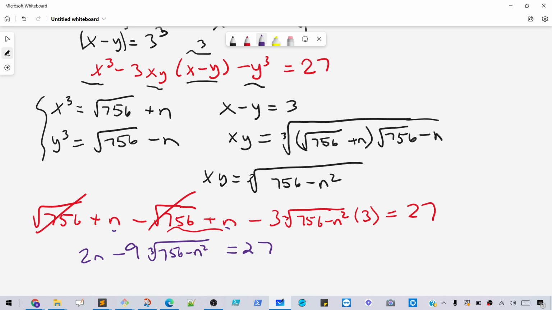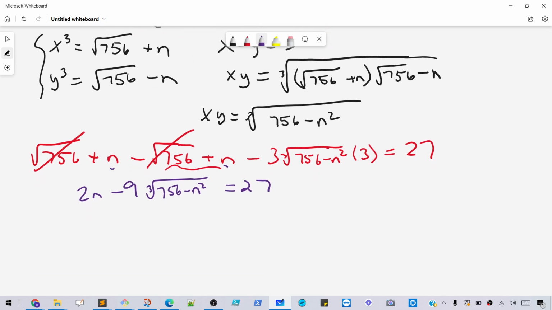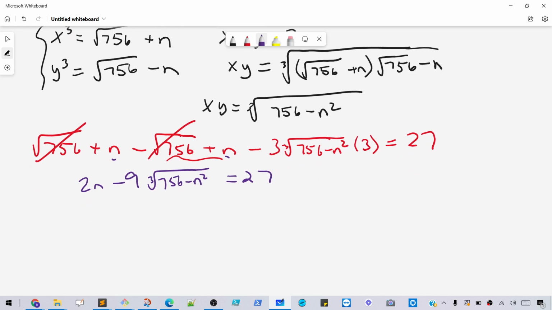I'm not going to simplify this all the way, but I'll bring the 2n to the right: minus 9 times the cube root of 756 minus n squared equals 27 minus 2n.